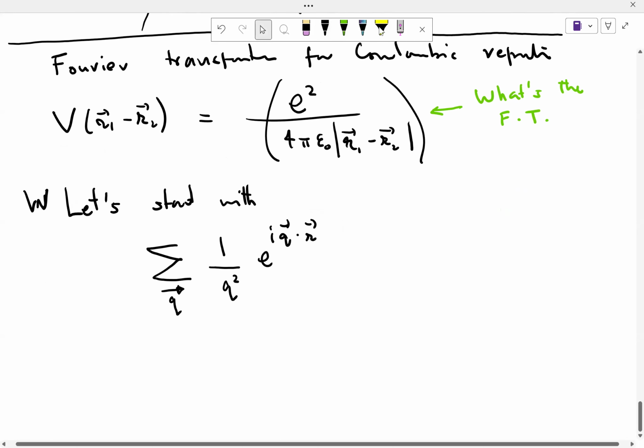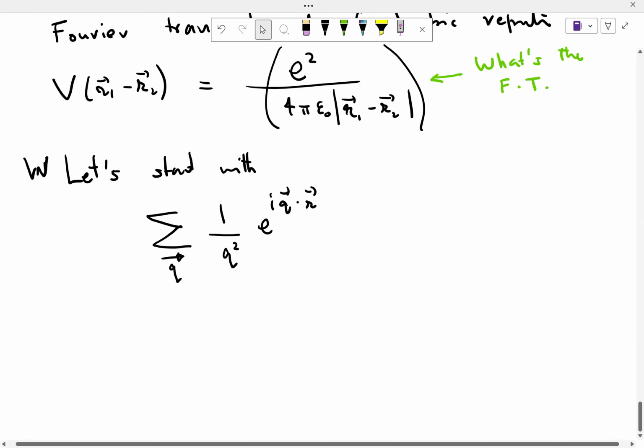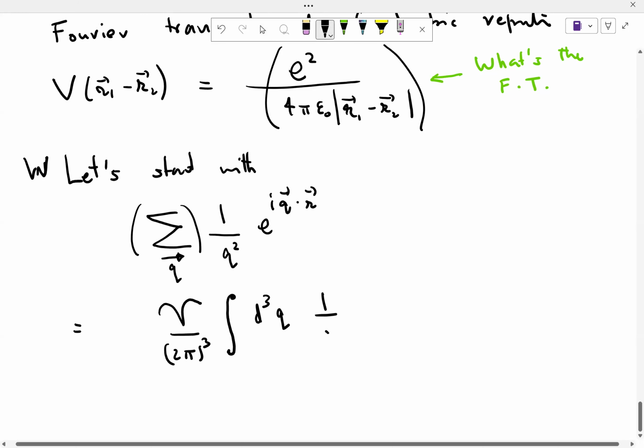In order to see what this expression is, first of all, if there are lots and lots of momenta, if the k space values are finely spaced, I can replace this sum over q's by an integral. And we all know what that is. So I can replace this by V over 2 pi cubed times the integral d cubed q of 1 over q squared e to the i q dot r.